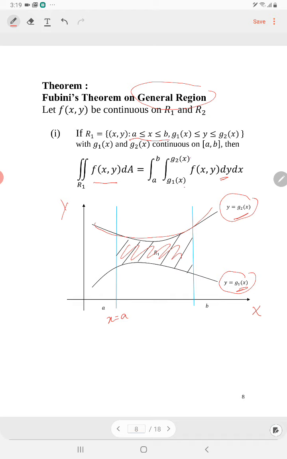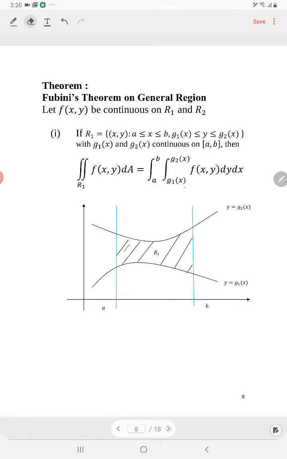And then you integrate with respect to x, where x is from A to B. So this is region R1, where our region is between two vertical lines. When it's between two vertical lines, you have to integrate with respect to x last. Vertical lines mean x is from a constant to a constant. So integrate x last, and integrate with respect to y first.